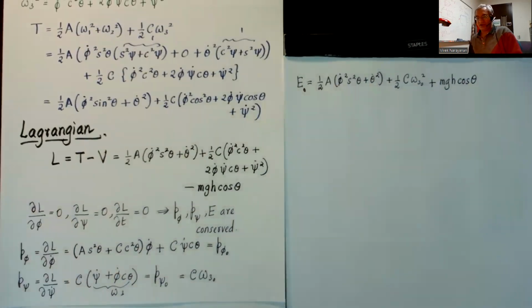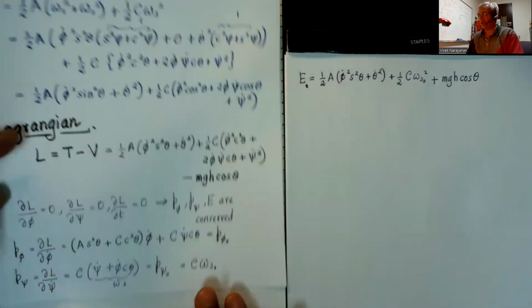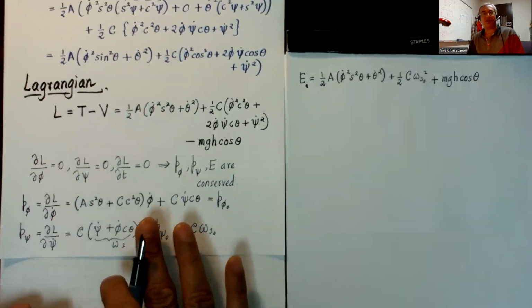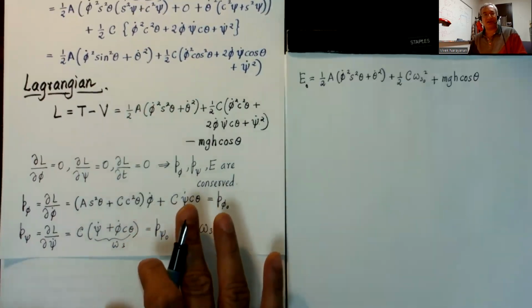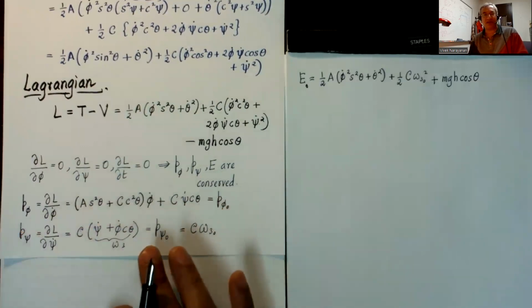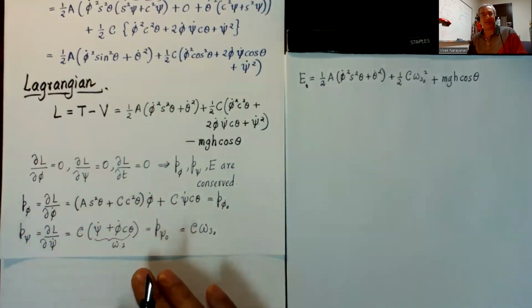Now, using the Legendre transformation and Cramer's rule, we can solve for phi dot and psi dot in terms of the canonical momenta, p phi naught and p psi naught. I'm going to leave this as a little exercise for you to do.